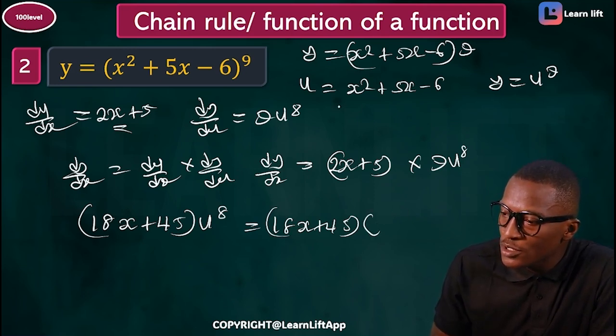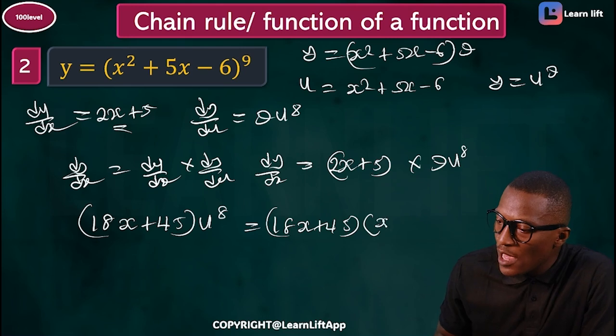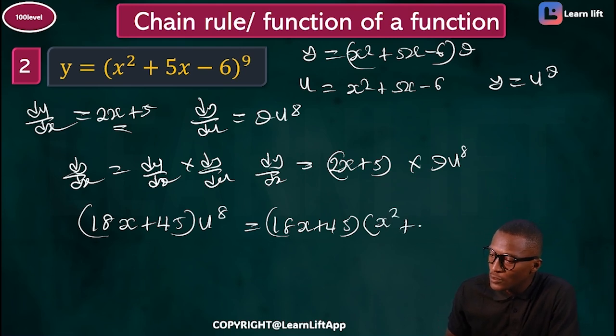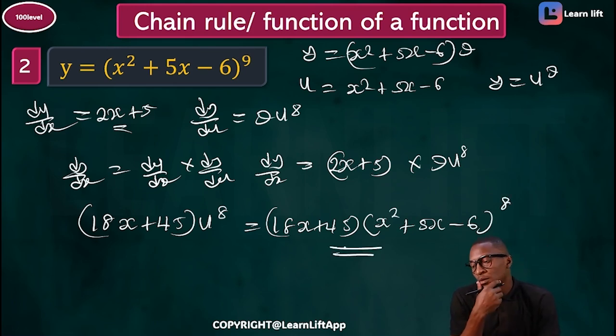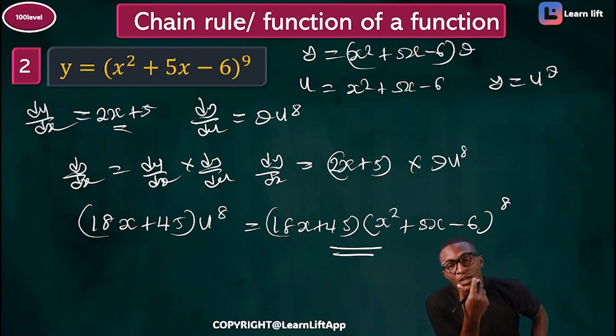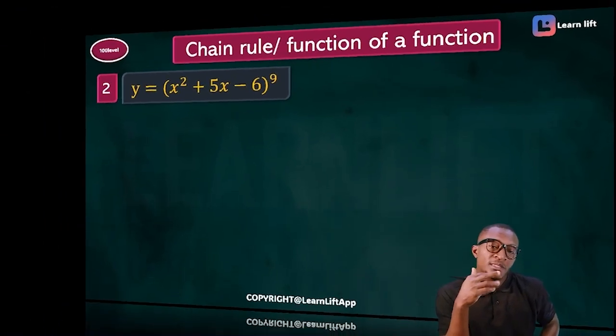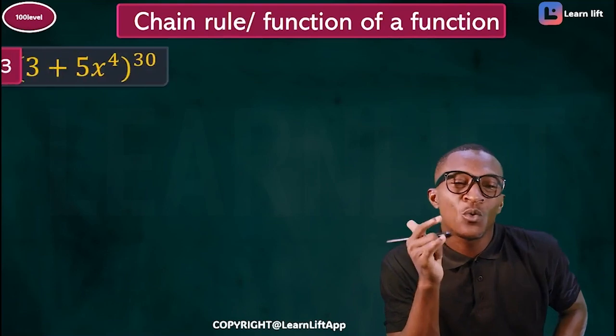My u is x squared plus 5x minus 6 raised to power 8. Are you seeing that? Very simple. You can pause it and watch it over and over again. Let's take the next question. All of them follow one pattern.